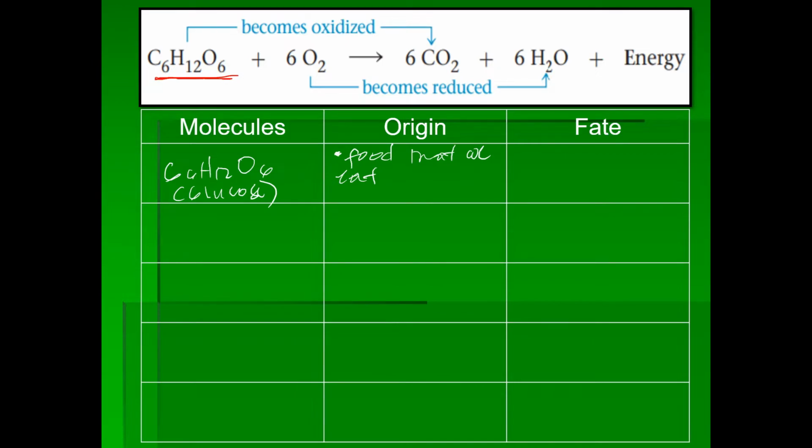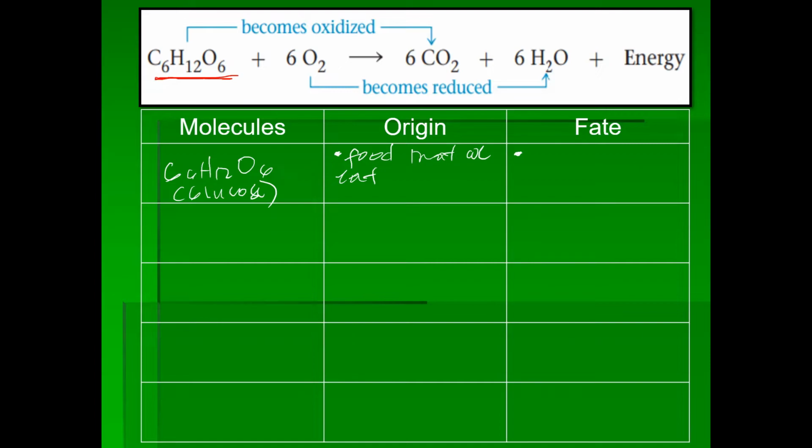So what will happen to the glucose as the process continues? Glucose will become oxidized to form carbon dioxide. When we say oxidized, the reactant molecule, which is glucose, will be losing electrons.